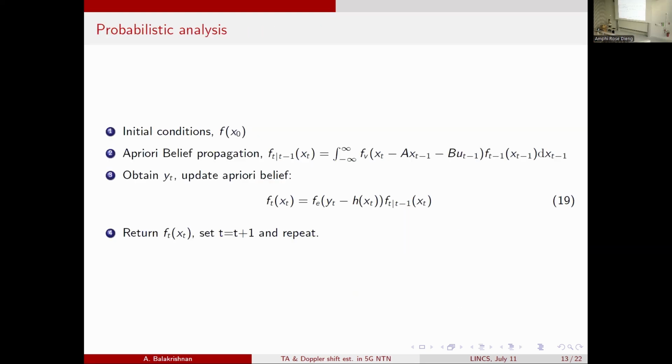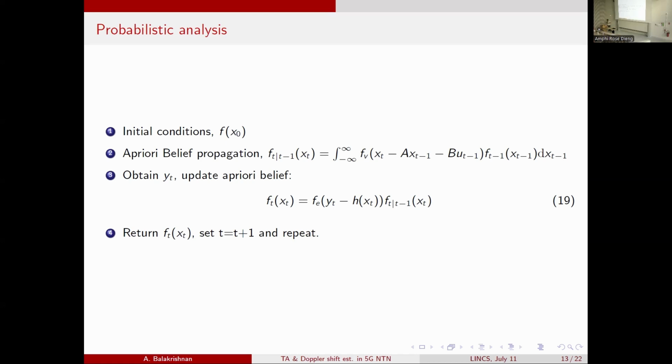Now, probabilistically, this extended Kalman filter requires an assumption of the prior belief, which is the initial state PDF. The a priori belief propagation is shown here. The other important assumptions which we require are the noise PDFs, that is the motion noise and the measurement noises.